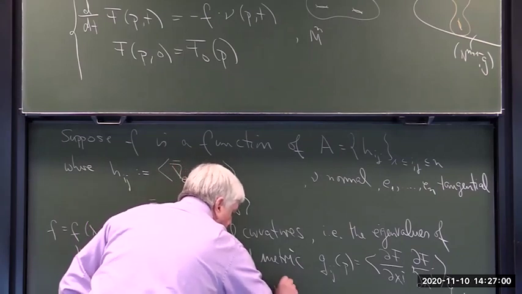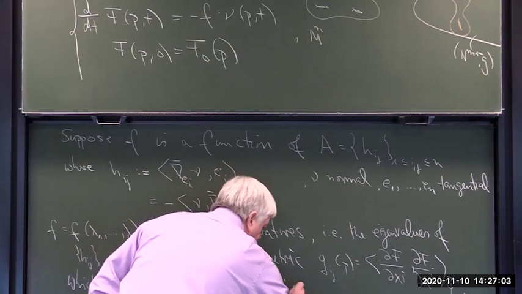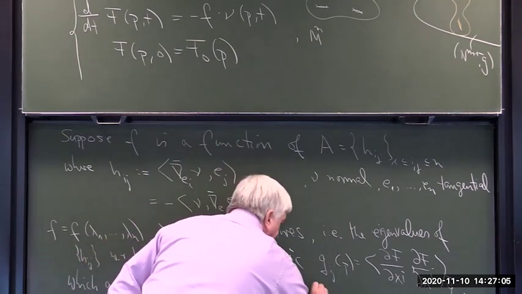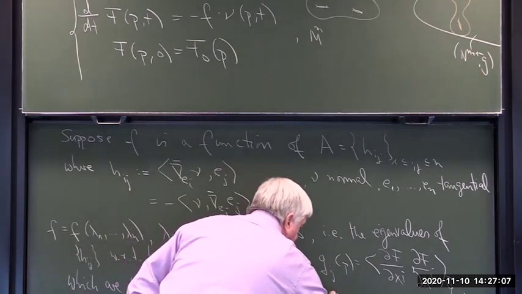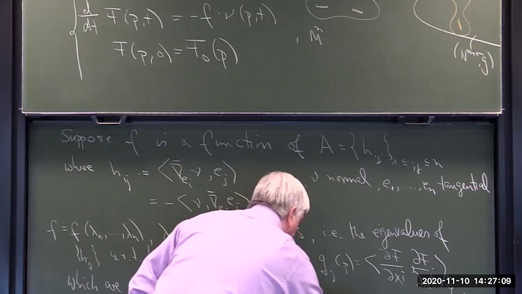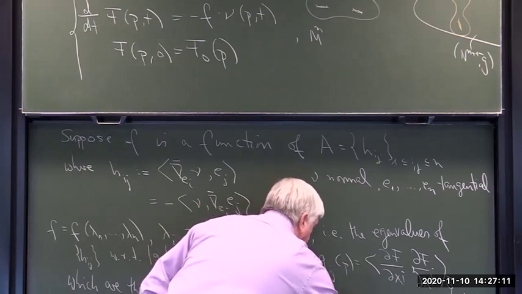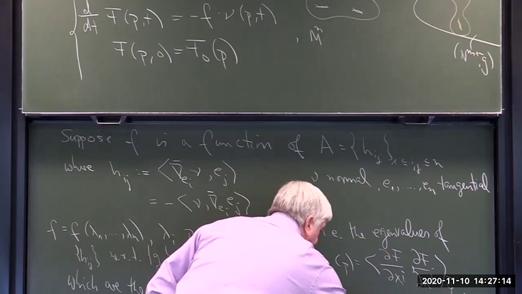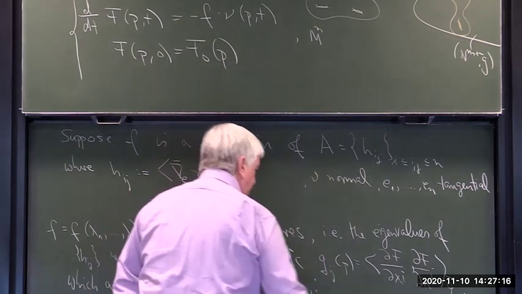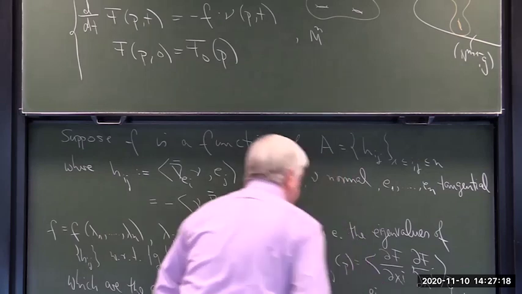And the Weingarten map has the components h^i_j, and h^i_j is computed from the h_jl by taking the inverse of the metric g^li, summed over l.